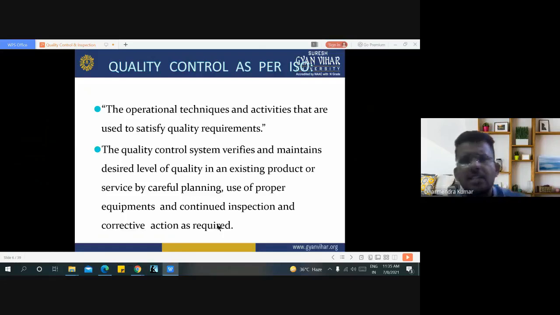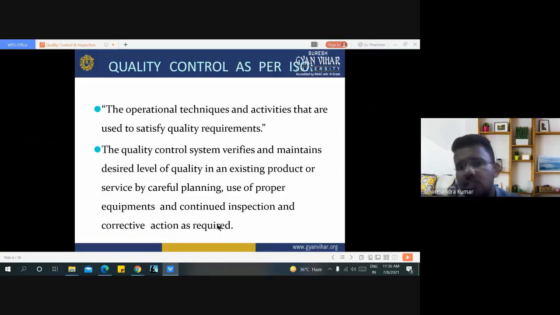It verifies and maintains the level of quality for existing products, those which are regularly in the production line, or a service which we are providing to any customer, and it ensures the usage of proper equipment, proper methods, and proper charts for continuous inspection.